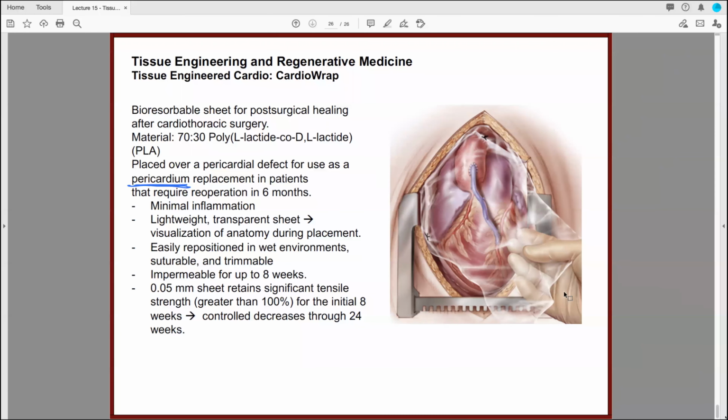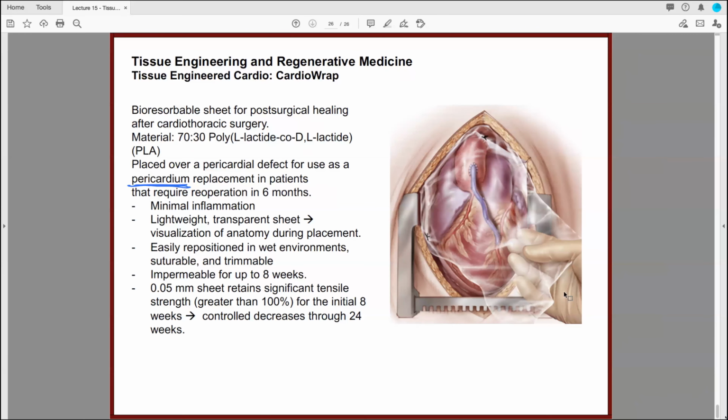They could use these things for up to 6 months, especially for replacement in patients where they require reoperation. Using these sheets, they exhibit minimal inflammation. They're lightweight and they're transparent, so that allows you to visualize the anatomy of what's going on. They can be easily repositioned in wet environments.